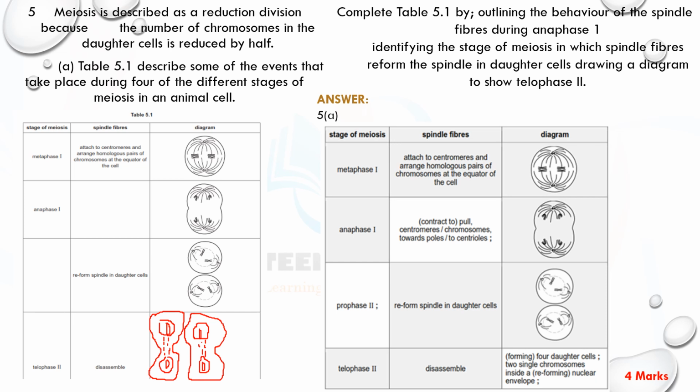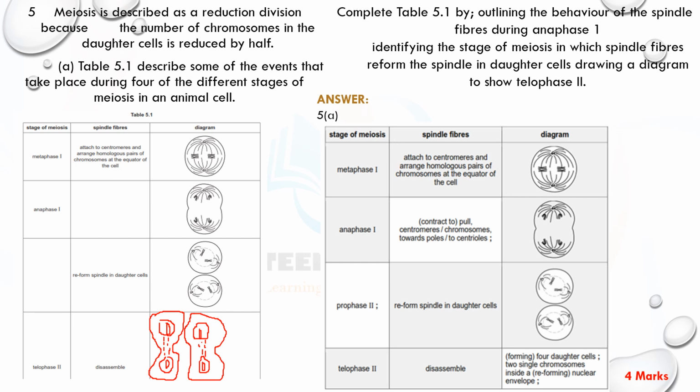You can never say pull chromatids, because these chromosomes are separating towards the opposite pole. That's prophase 2. Then 4 daughter cells, 2 single chromosomes inside, reforming nuclear envelope.